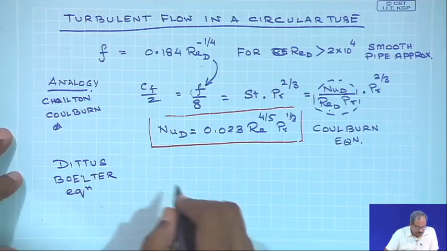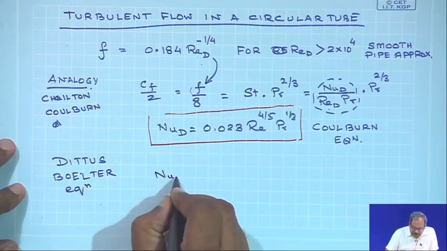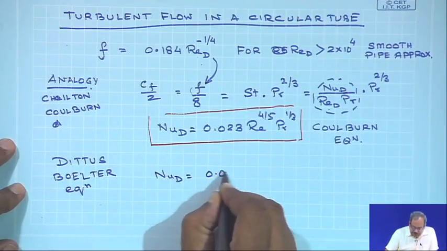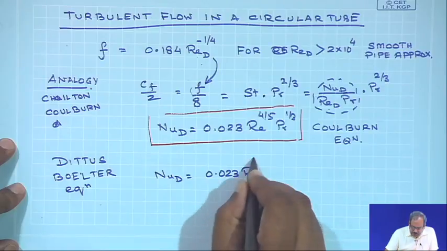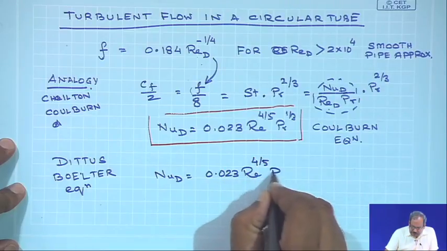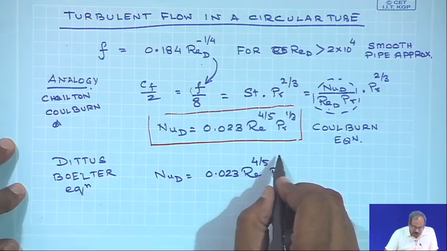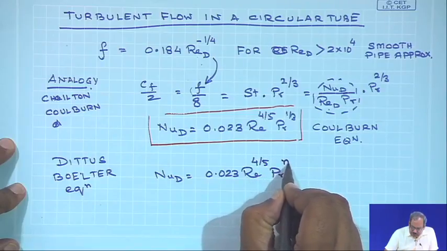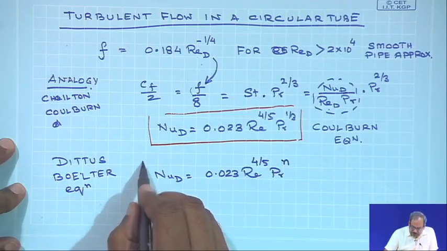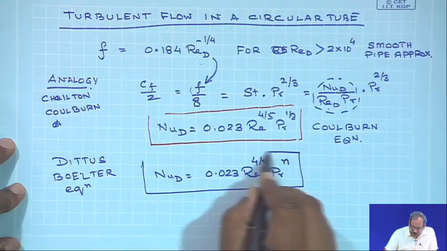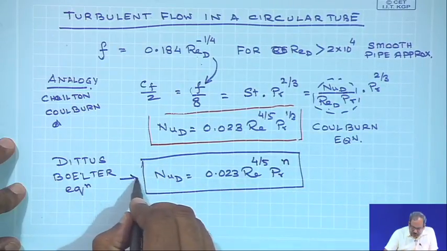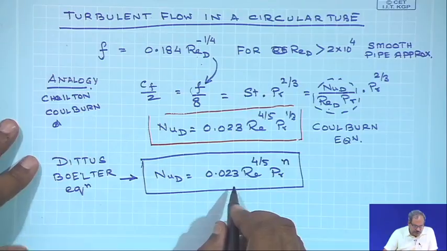which is Nusselt number based on d as 0.023 Reynolds to the power 4 by 5, but instead of Prandtl to the power 1 by 3, we have a constant which is n. So, this is the Dittus-Boelter equation, which is more commonly used for the case of heat transfer.